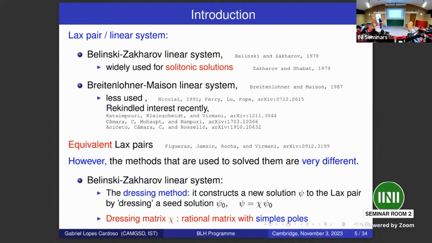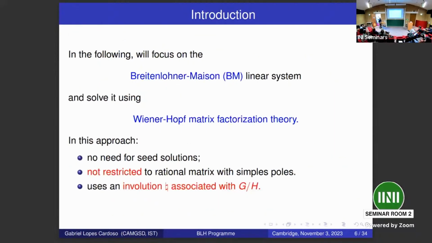But let me then contrast this with the Breitenlohner-Maison approach, which is an approach which does not need seed solutions. In this approach, one is not restricted to rational matrices with simple poles.